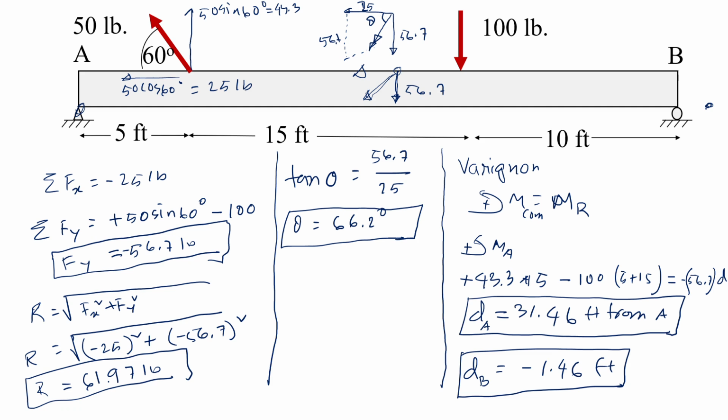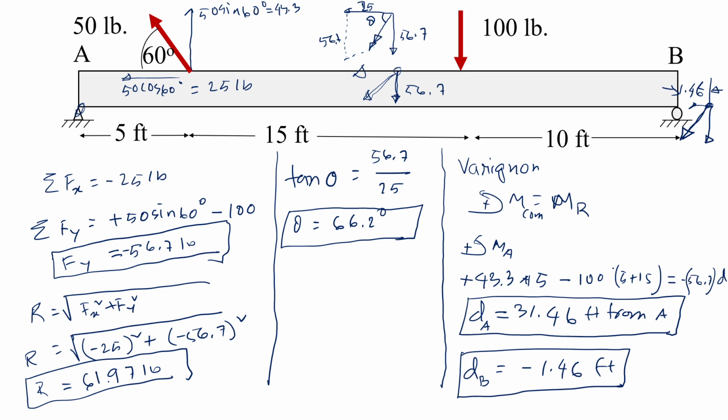So the resultant force is actually acting somewhere outside of the beam, which is a kind of surprise. So this is 1.46 from B, outside. So don't get surprised if it comes outside.